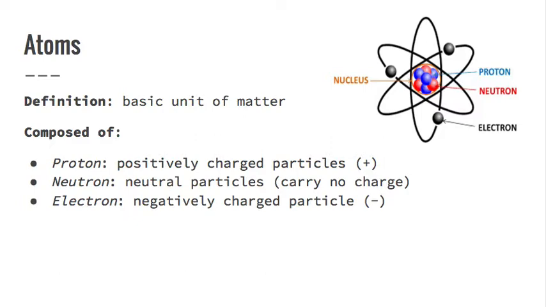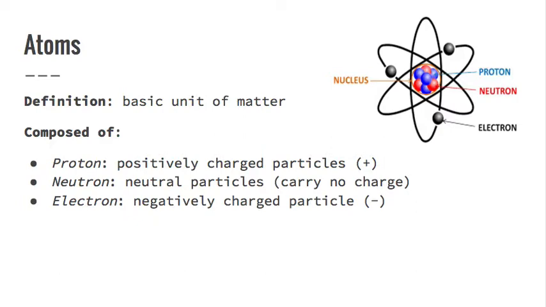All of the protons and neutrons of an atom are found in the center in what we call a nucleus. I didn't include this word as part of your definitions because it gets confusing when we start talking about the cell. But the center of an atom is made up of protons and neutrons.